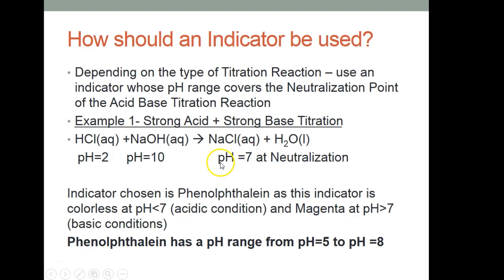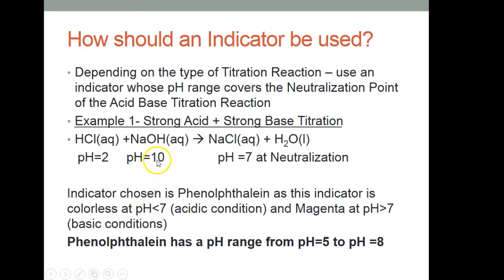To start with, it's going to be acidic because all you have is HCl in the flask, and then in the burette you have the NaOH, which you're going to be adding 1 drop at a time. If you use an indicator like phenolphthalein, it's going to be colorless because phenolphthalein is colorless below pH 7. So initially, when it's just acid, it's going to be colorless.